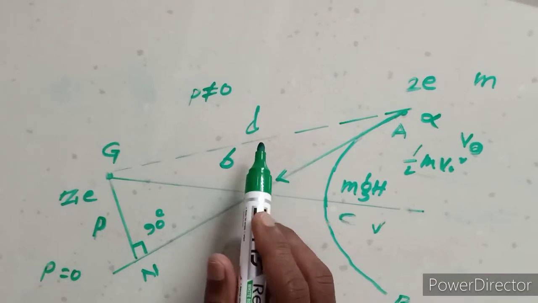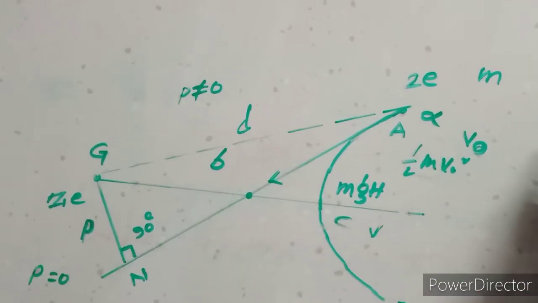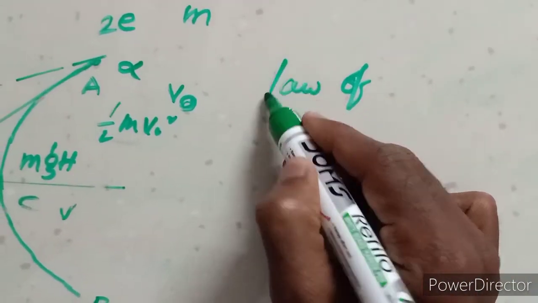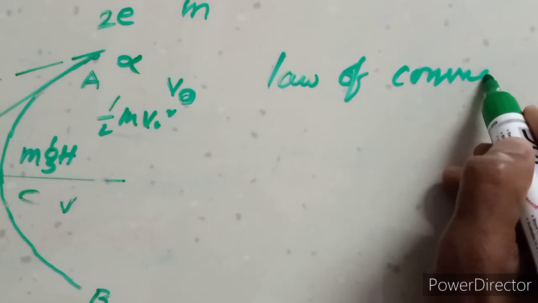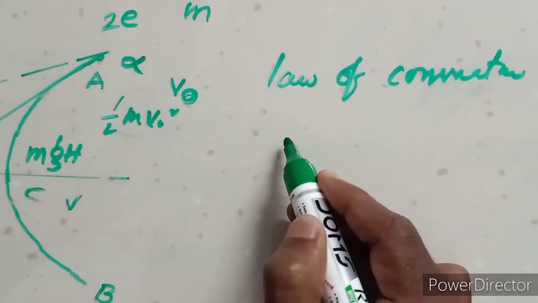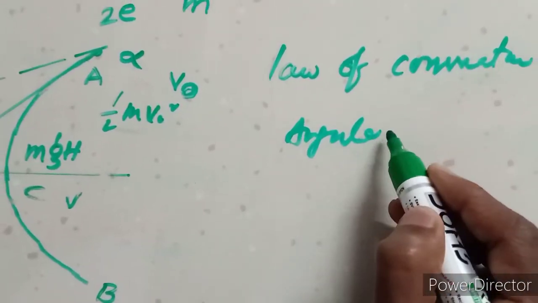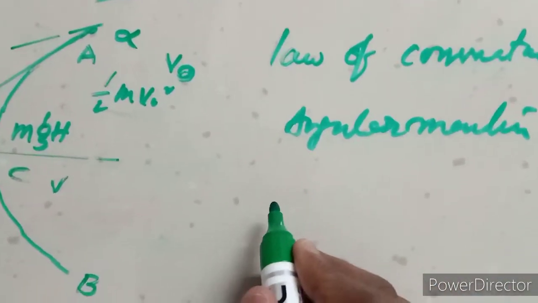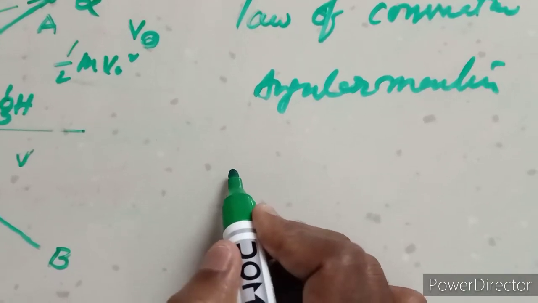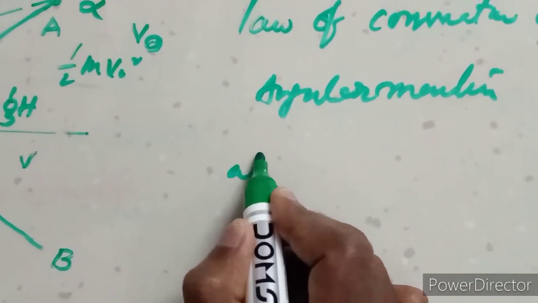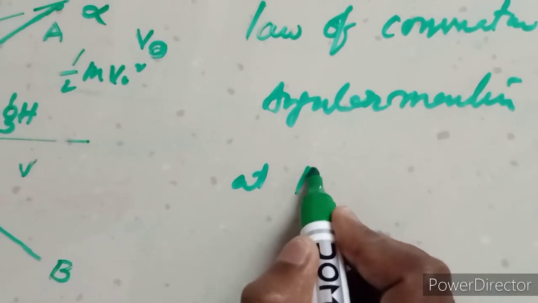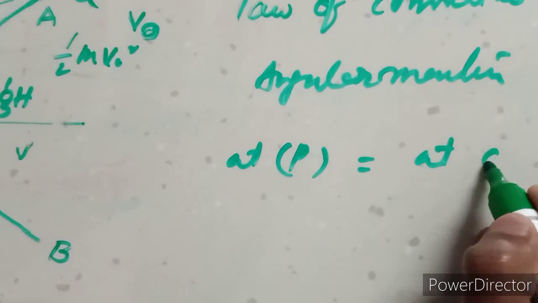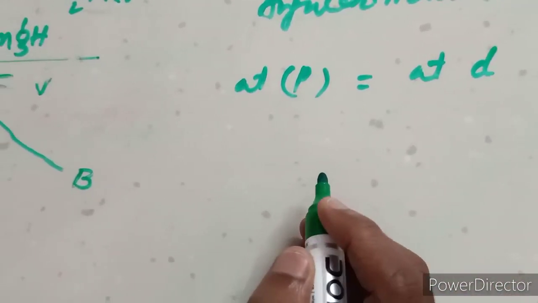The law of conservation of angular momentum says the angular momentum at impact parameter p equals the angular momentum at closest distance of approach d.